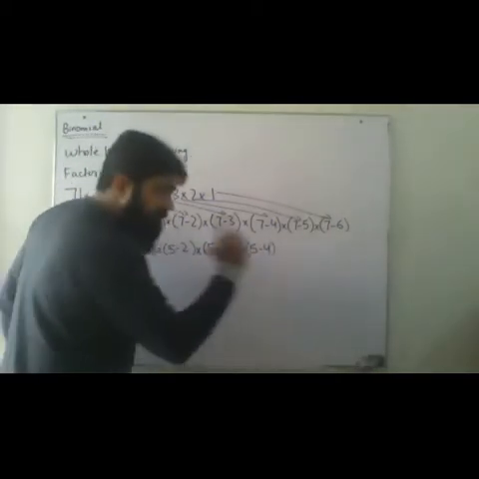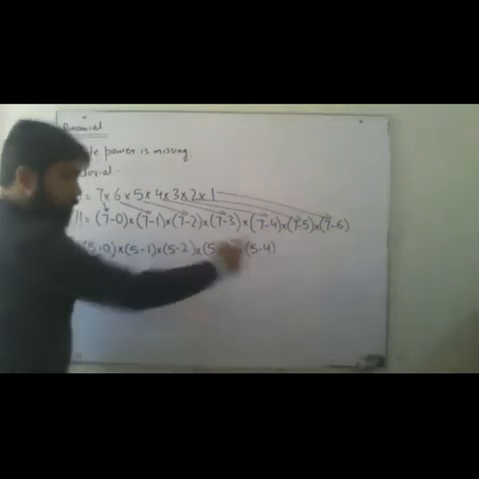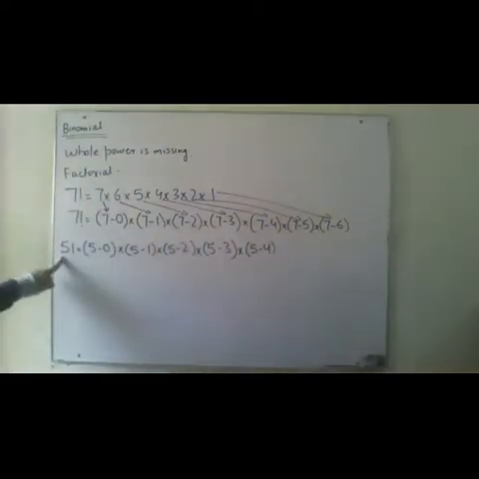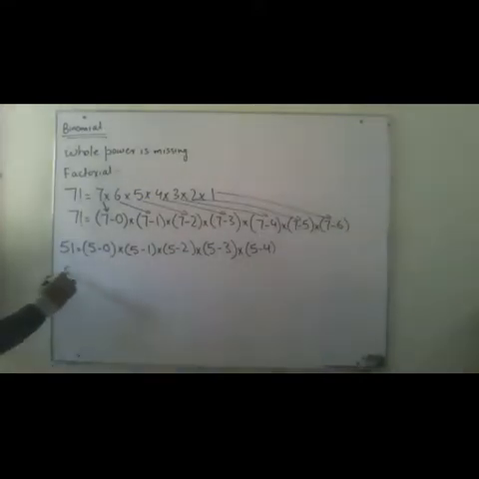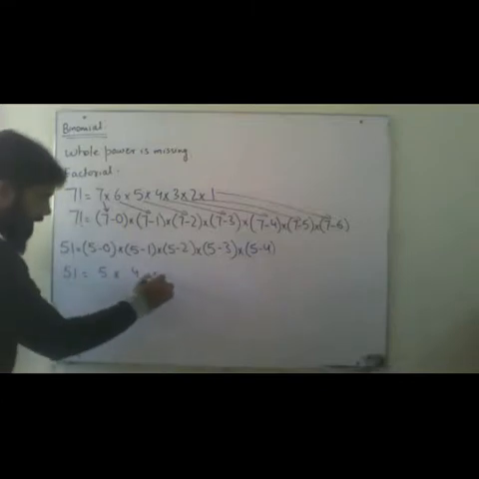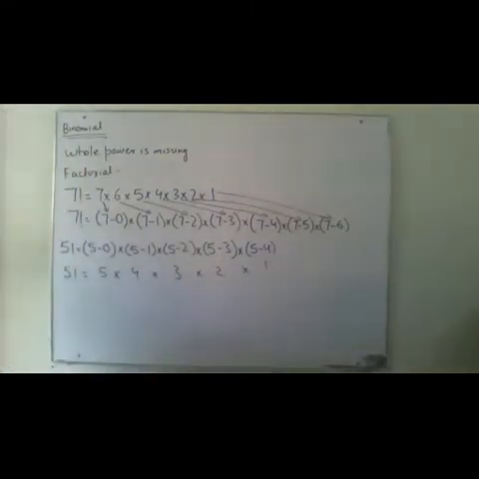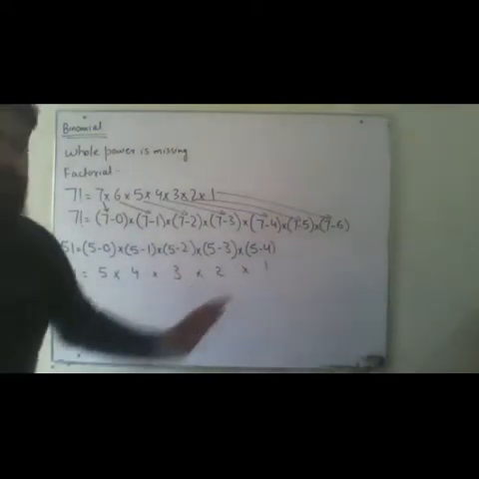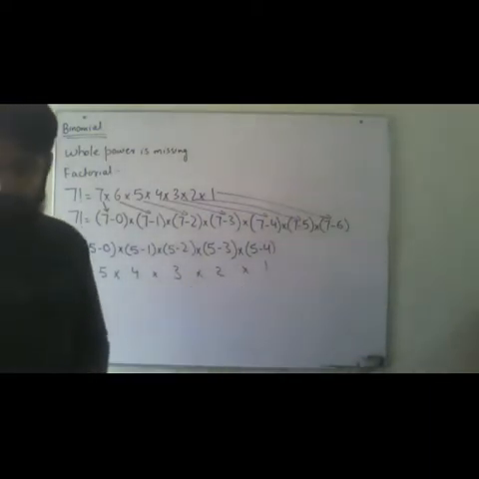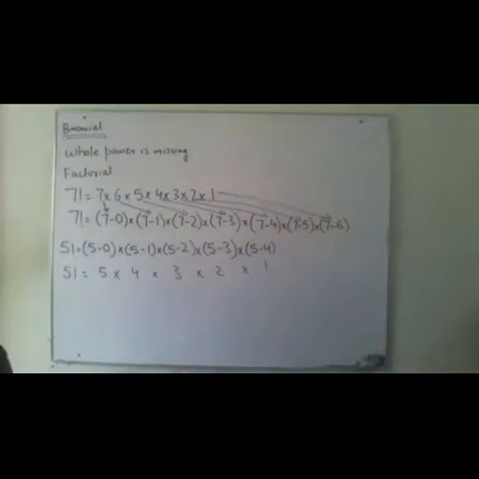Will I go for 5 minus 5? No. One number lesser than your factorial number. That will result in 5 factorial equals 5 into 4 into 3 into 2 into 1. This is how we are going to expand our number. Now let's talk about this with the help of algebraic values or variables.